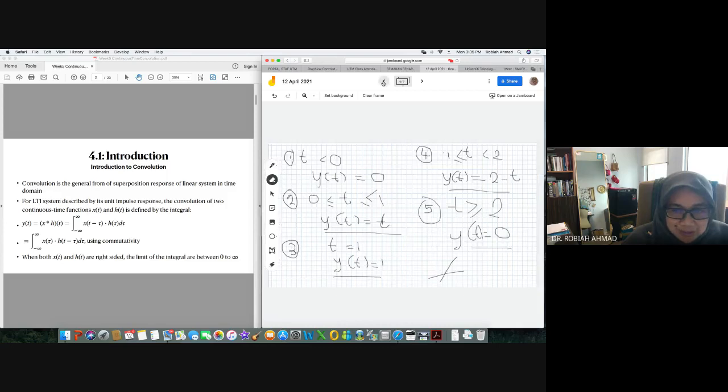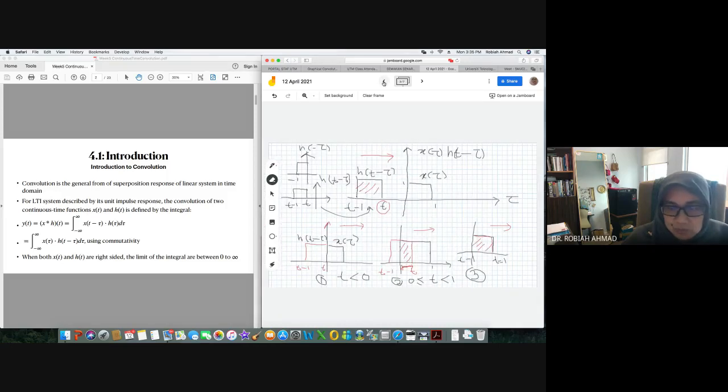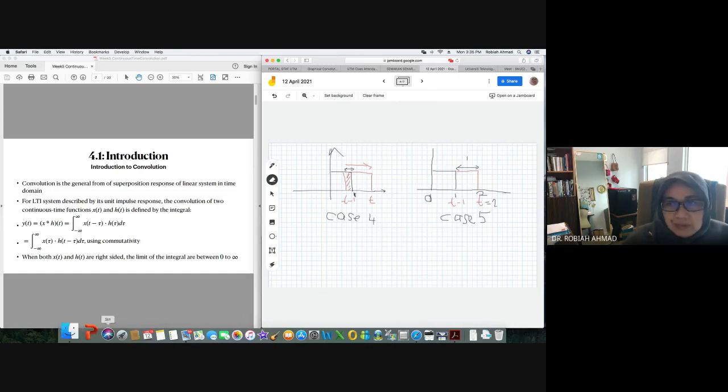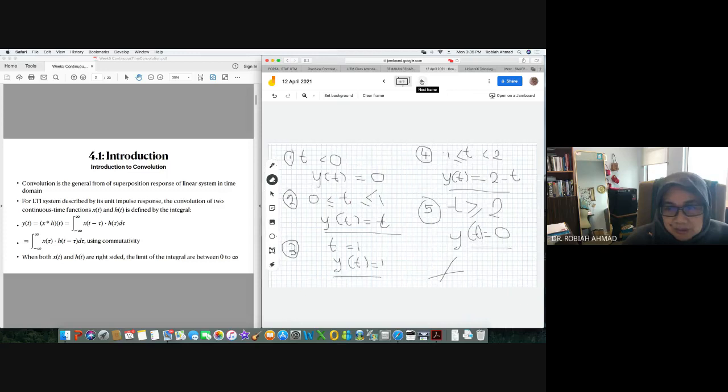So I just showed the simple one first. This is the simple one. We look at it case by case. At first there is no overlap, and then it starts to overlap, and then it goes in here. Then after that it starts leaving, and then there is no overlap. The same goes for the next one.